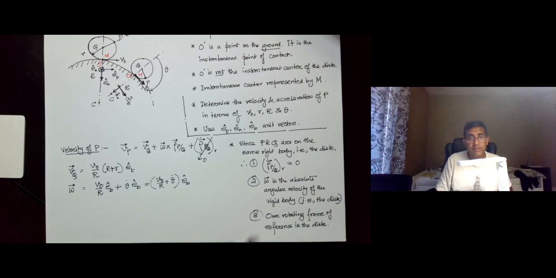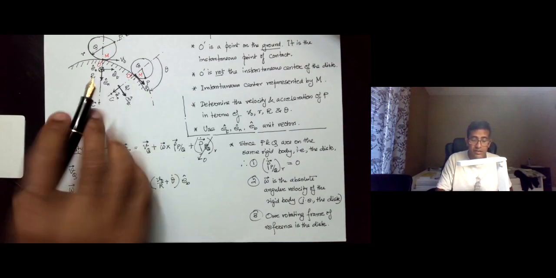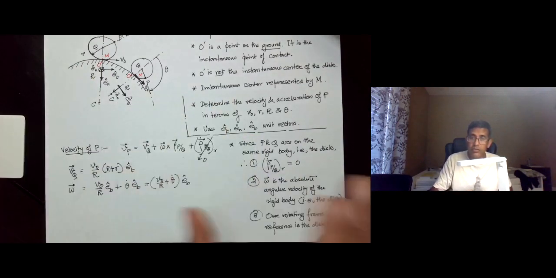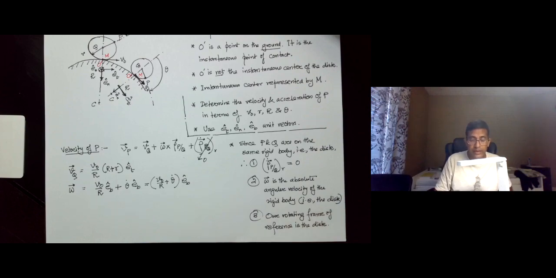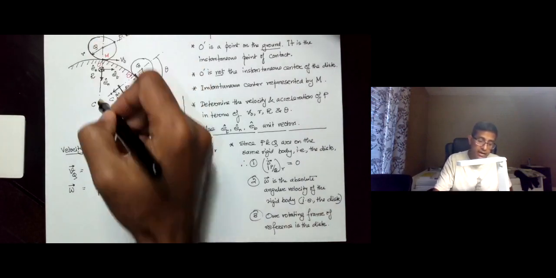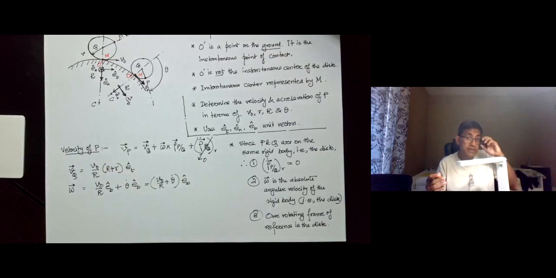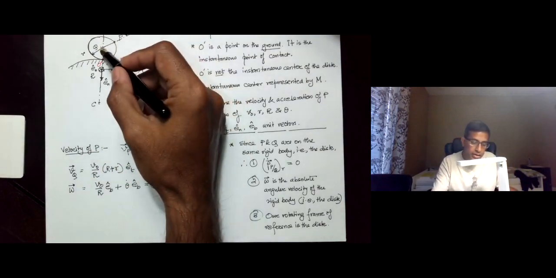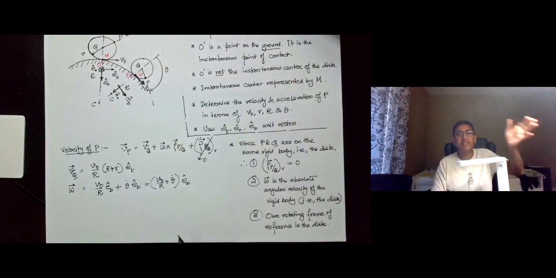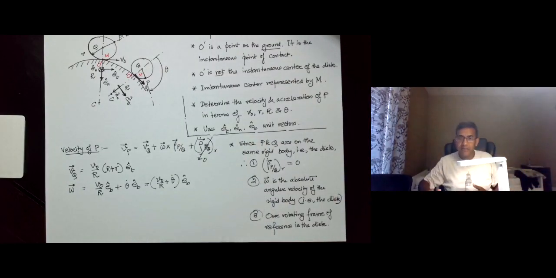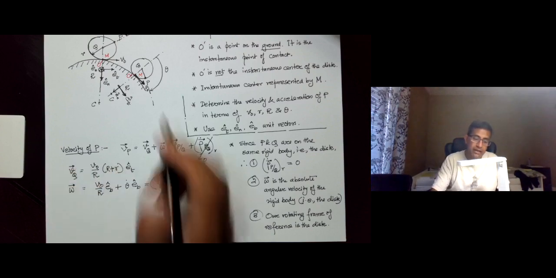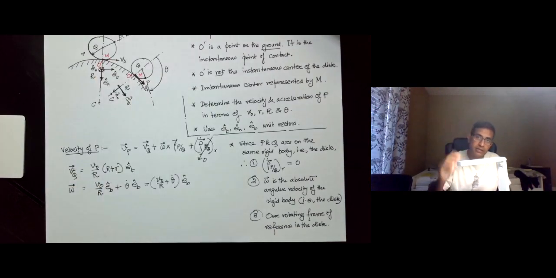And that is expected, because when the disk rolls without slipping on a flat surface, there is no instantaneous center anymore, but the line joining Q and O prime, if you extend it, always remains vertical because C is at infinite distance. And because of that, the angle theta is with respect to a fixed direction. Hence the angular velocity for a flat surface is equal to theta dot, because it is being measured with respect to a fixed direction.